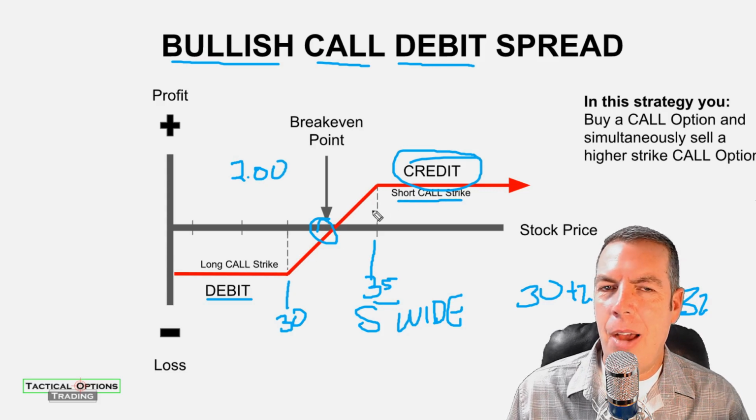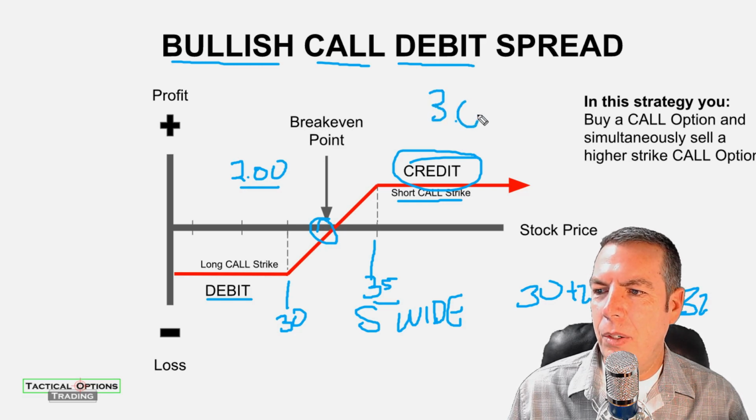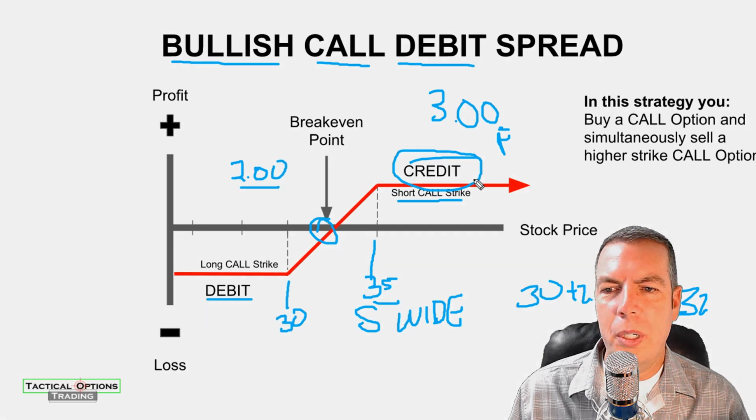They counteract each other, and it caps our profit at that strike price. So if this was a $5 wide spread and we paid $2, the maximum we could receive for this trade would be a $3 profit, because of that upside cap on the short call that we sold.